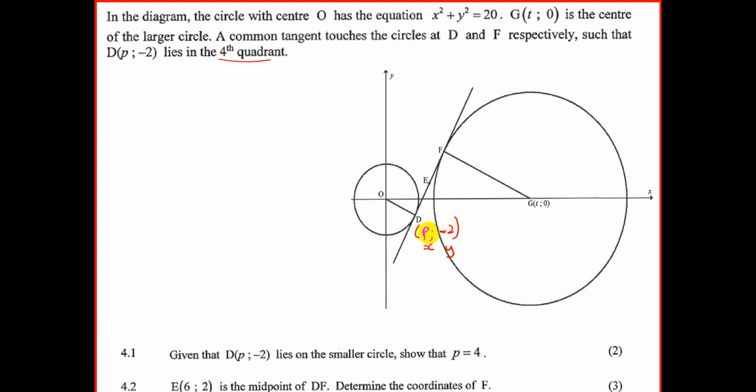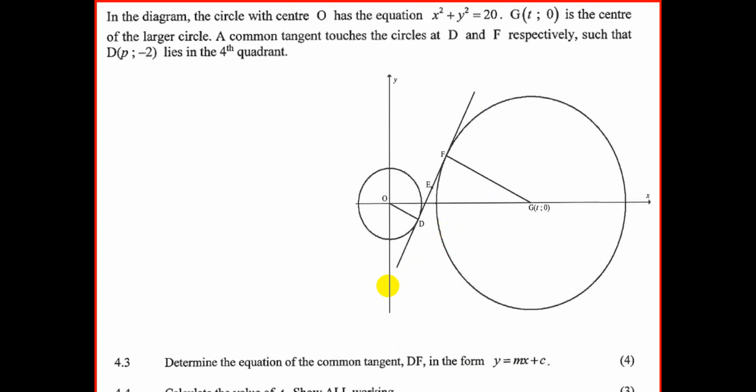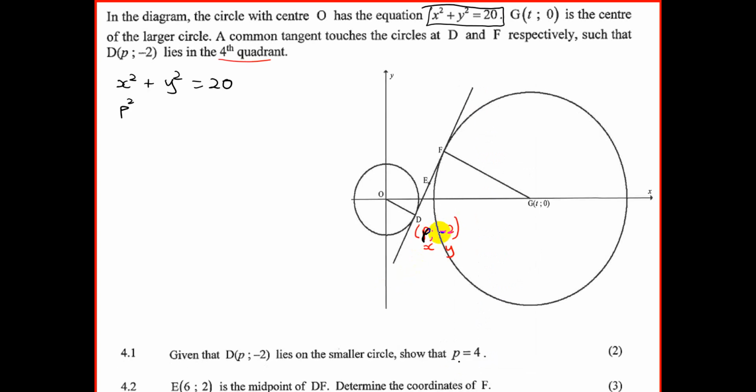So to do that, all we have to do is go to the smaller circle's equation and substitute the point. So we have x squared plus y squared equal to 20. Now we have D. The x value is P, it'll become P squared. The y value is negative 2, which we're going to put into our equation, and that is equal to 20.